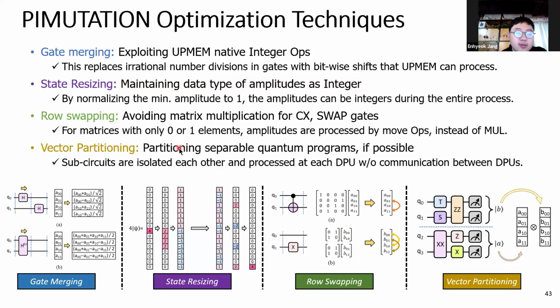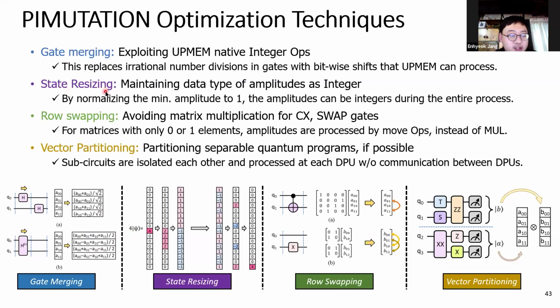Here we propose four optimization techniques. The first is gate merging. We merge some quantum gates, exploiting UPMEM's integer operations. In this case, if we merge two Hadamard gates, we can just do a division by 2, and the divide-by-2 operation is achieved by a bitwise shift operation, because the data is stored as binary data.